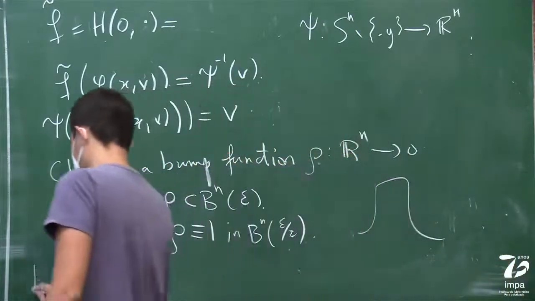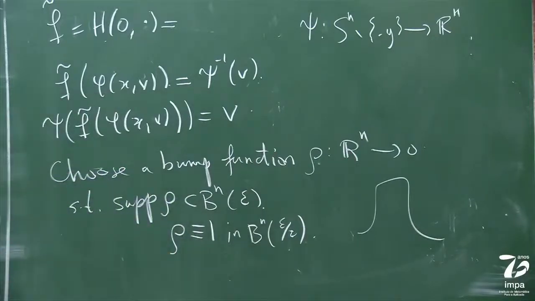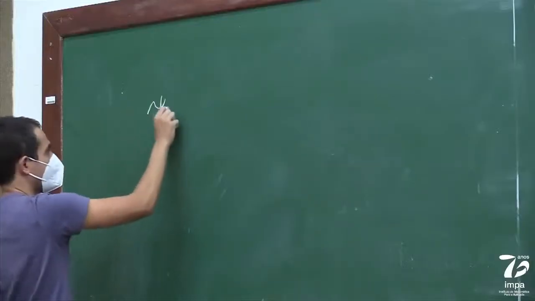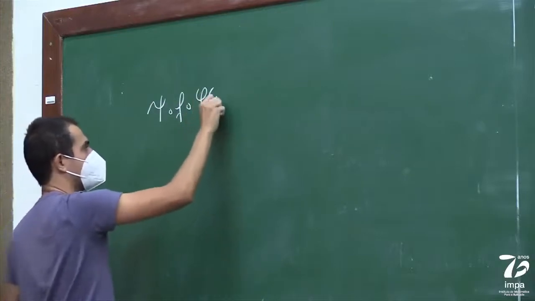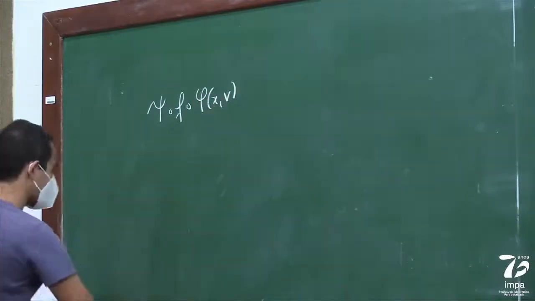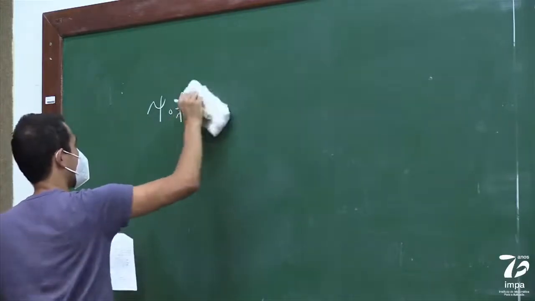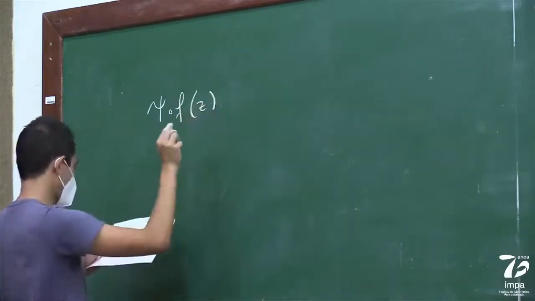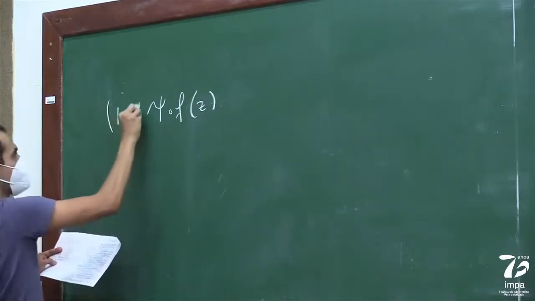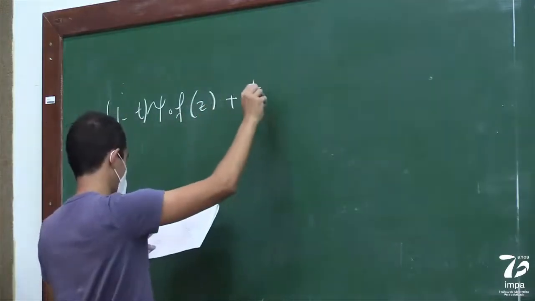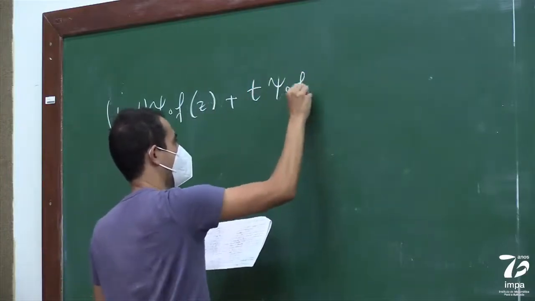And then let me go over here and define the homotopy. If I'm inside this ball of radius epsilon over 2, I just really do the linear homotopy. So brute forcing means I can take psi composed with f composed with phi of z, with a 1 minus t here, and then plus t times psi of f tilde of z.